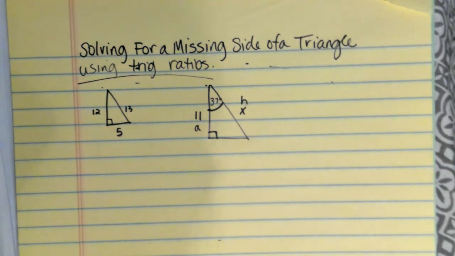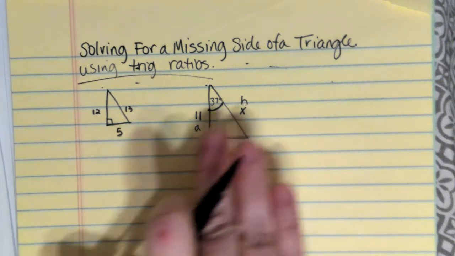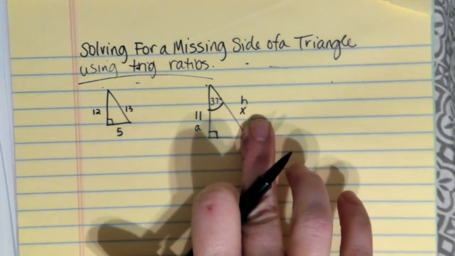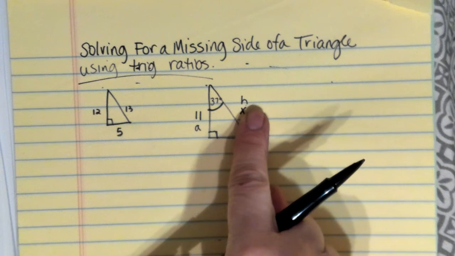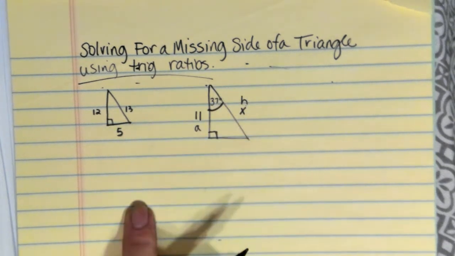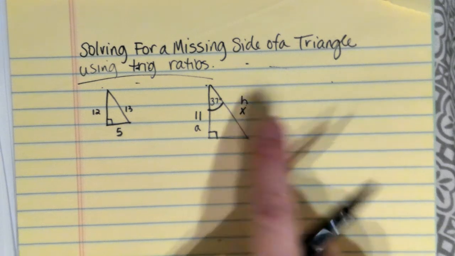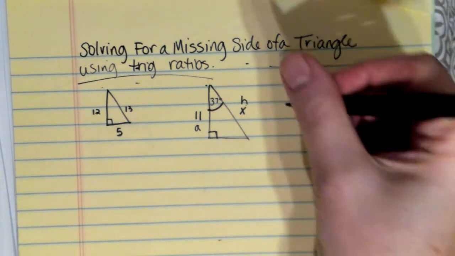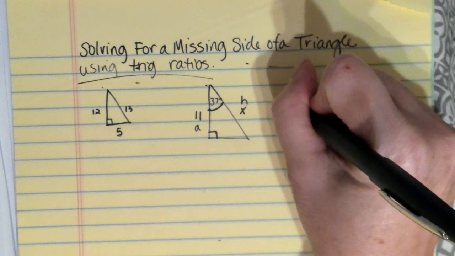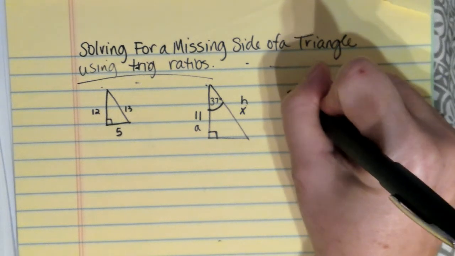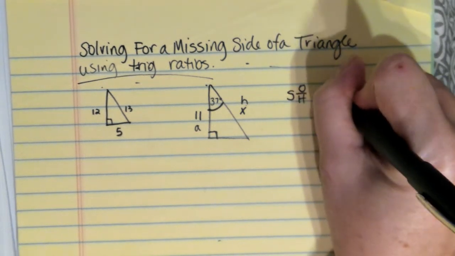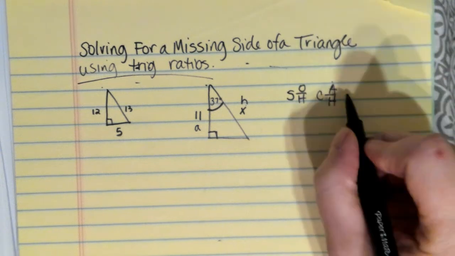So that's the first thing you want to do, is just label what you have and what you want. And these two labels will help you determine which of your trig ratios you need to solve for that missing side. Okay?